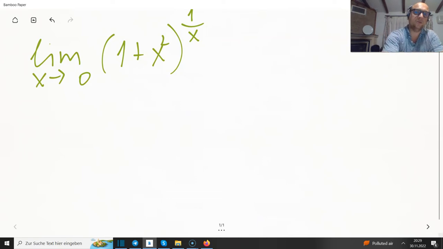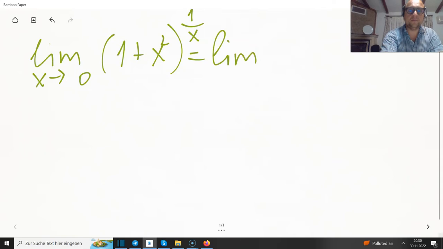In this case we are running towards 0, so the base is running towards 1 and the power is running towards infinity, so 1 to the power of infinity could be unknown. So let's figure it out.